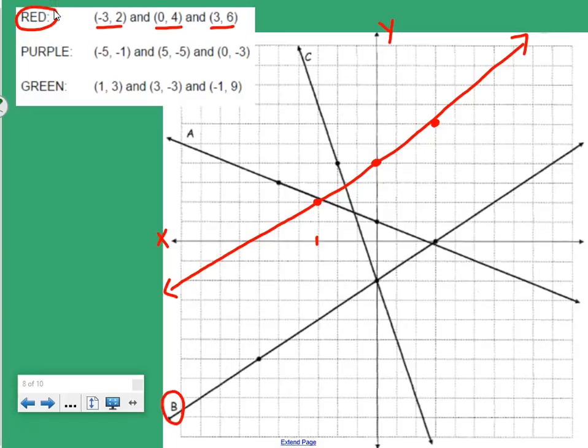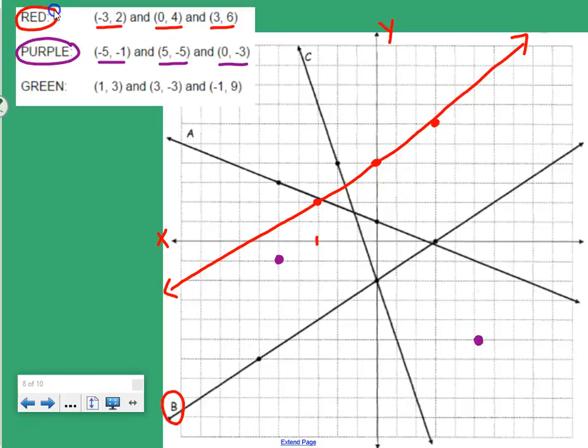Now we want to do the same thing to draw our purple line. So for our purple line, we have -5, -1. So we go over to -5, we go down to -1 right there. 5, -5, so we go to the right 5 on our x-axis and go down 5 on our y-axis right there.